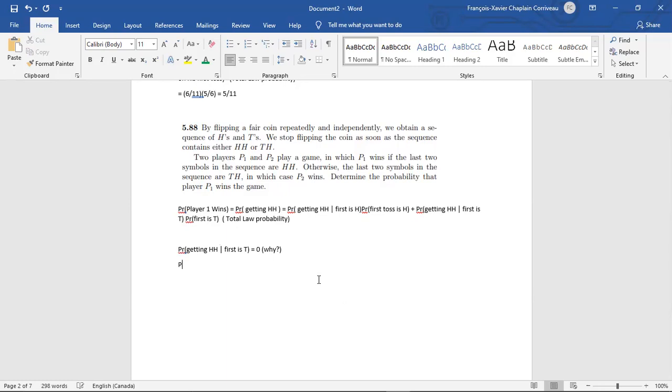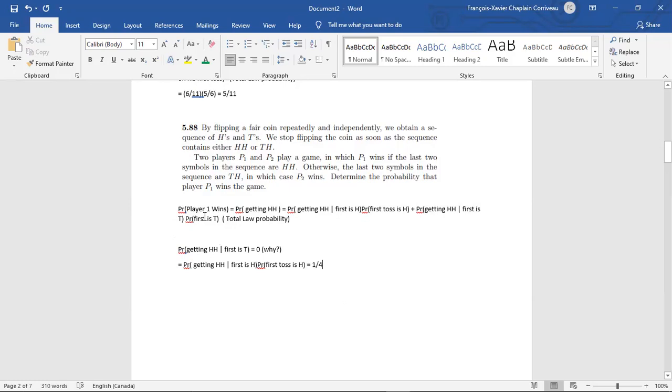Okay. And now what is this probability? Well, this is pretty easy to compute. The probability of getting head, given that I got head first, is a half times a half, right? So this thing here is just 1/4.